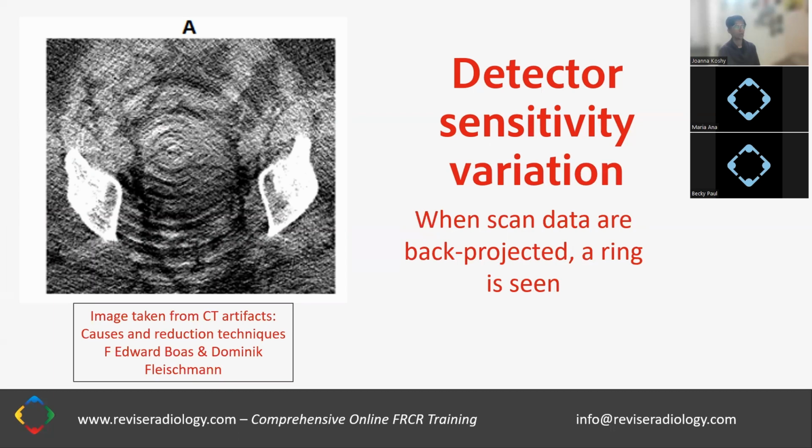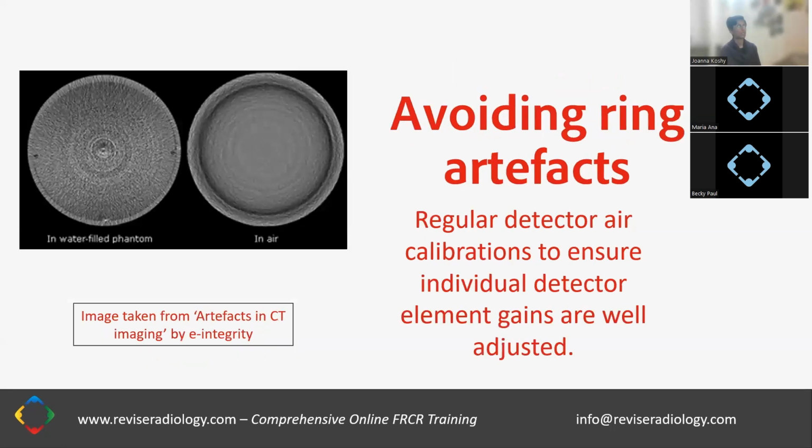You can see that in the diagram on the left-hand side, there's a ring-shaped artifact forming on the screen. This is due to the fact that everything that this particular faulty detector is seeing is going to be back projected wrongly, and it's in the shape of a circle because that's everything that particular detector sees. In this case, there's many rings, so this can also happen when the detector gains haven't been aligned together. So this is another image of what these ring-shaped artifacts look like.